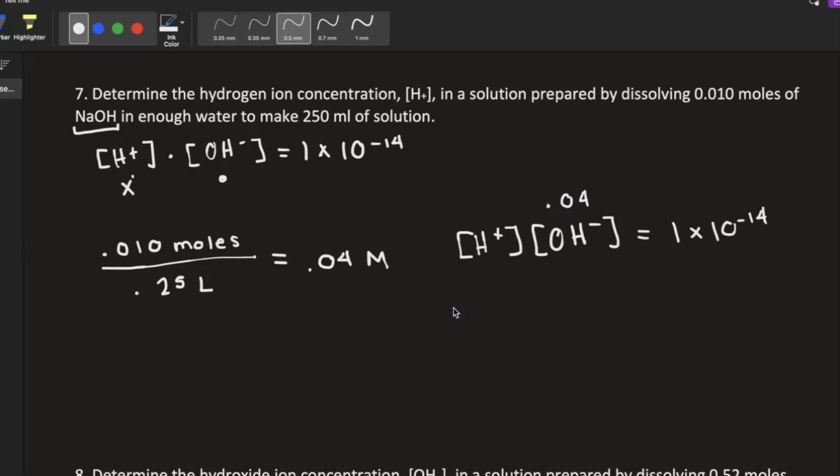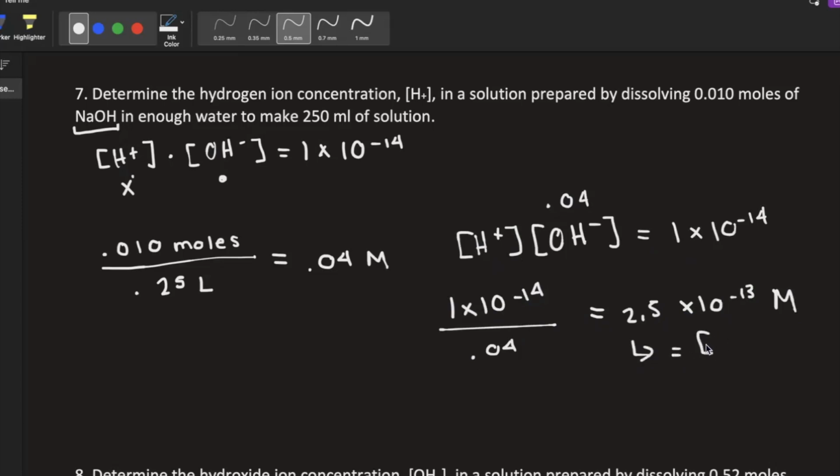So we're going to divide 1 times 10 to the negative 14th by 0.04. And that is going to give us 2.5 times 10 to the negative 13th molar. And this is going to be equal to the hydrogen ion concentration.